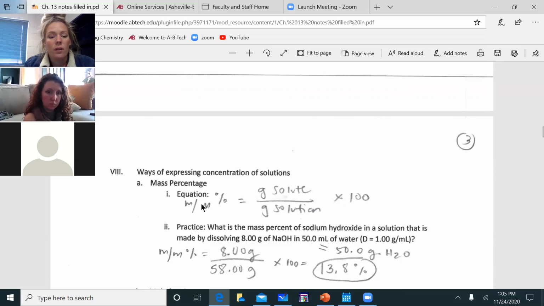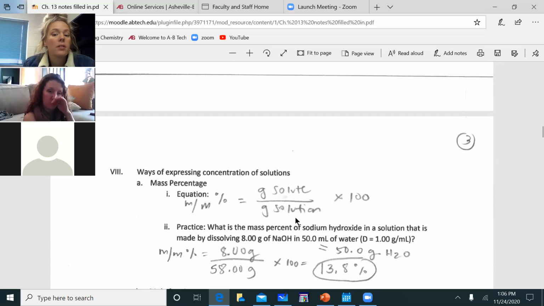We've kind of already gone over something pretty similar to this. A lot of times it's written like this: m with a divisor bar m percent, mass percent. And this is the solution. So it's going to be grams of solute over grams of solution, times 100 because it's a percentage. For this denominator here, make a note in parentheses: solute plus solvent.